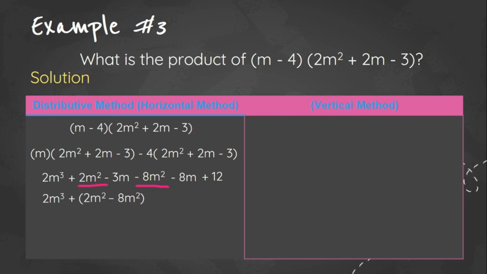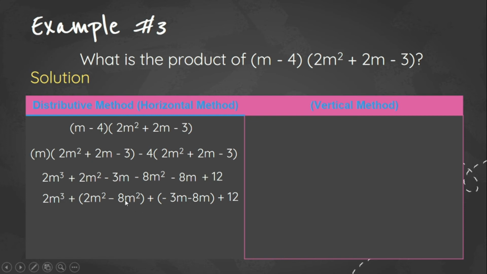In our rule for addition and subtraction of polynomials, we can add or subtract polynomials that have the same literal coefficient, and those two do. So, let's have addition for groupings. We copy 2m squared with the negative 8m squared beside it. Plus again, what else can we combine? Negative 3m, we include the one beside it, negative 3m minus 8m, because they are like terms. And 12 is alone because there is no other constant.